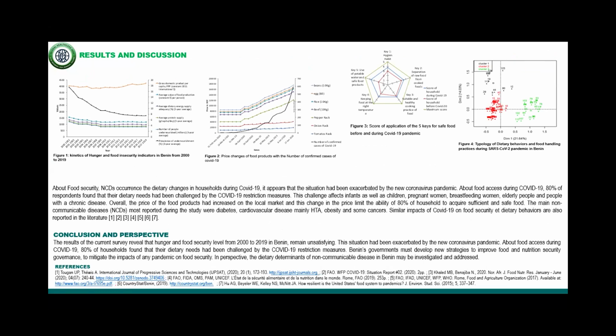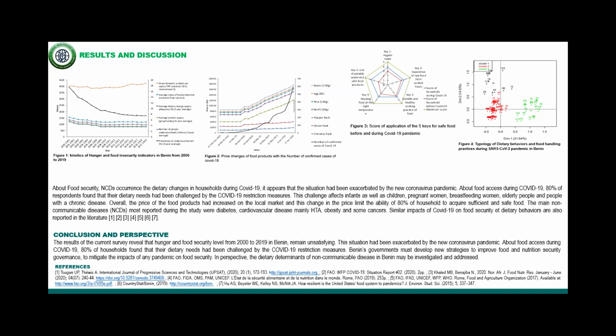About food access during COVID-19, 80% of respondents found that their dietary needs had been challenged by the COVID-19 restriction measures. This challenge affects infants as well as children, pregnant women, breastfeeding women, elderly people, and people with a chronic disease.